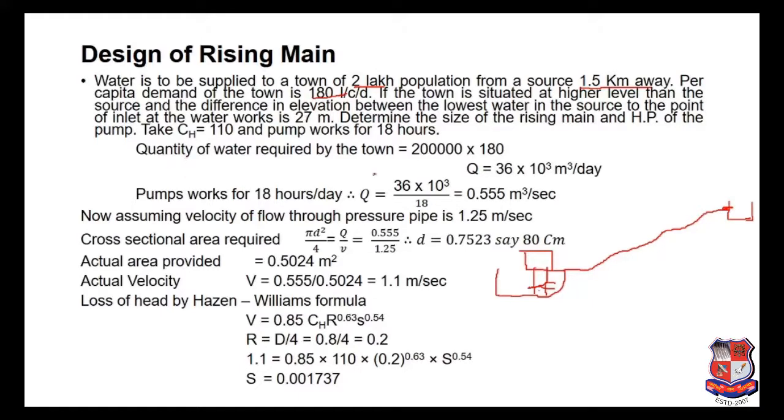Ground elevation or the elevation at the inlet is called static head, right? And which is 27 meter. But suppose the ground profile is like this, right? Then this is the highest elevation along the route. So instead of considering elevation as this point, if this kind of situation is there, we should consider the highest elevation along the route, that is this point, right?